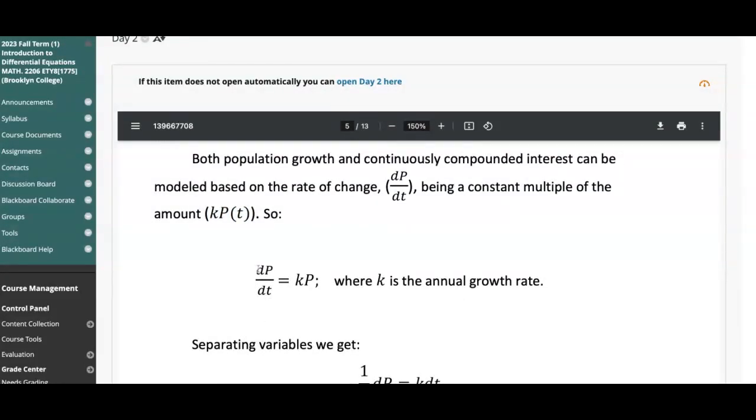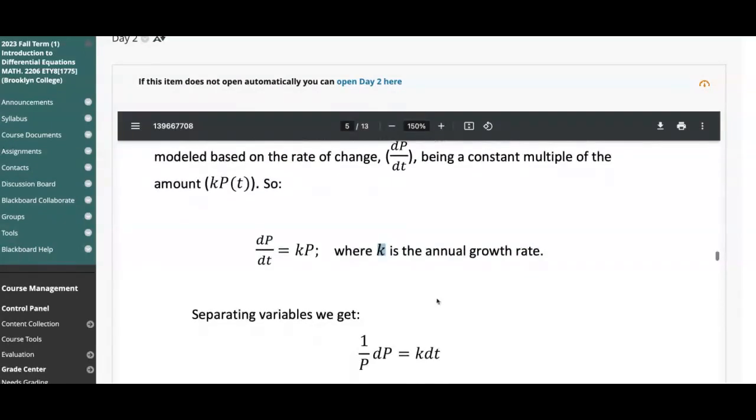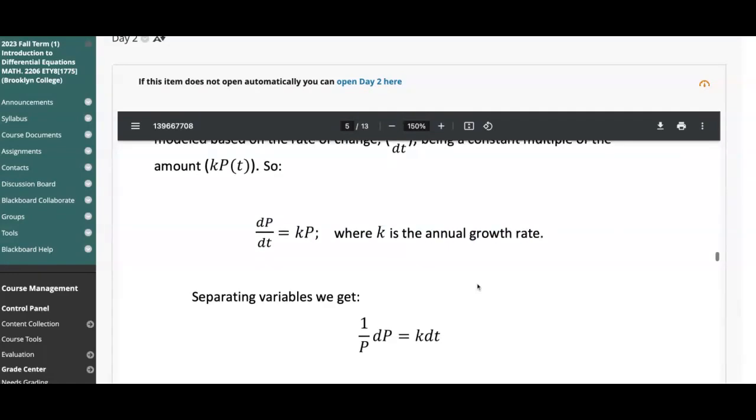So dp over dt equals k times p of t, which is treating p of t as a function, and k is just some annual growth rate, a number.